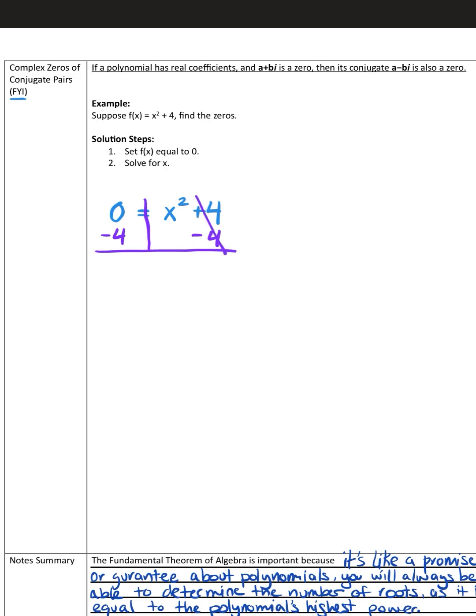This cancels out, and I have negative 4 is equal to x squared. Then I need to undo this x squared. The way that I undo the x squared is by finding the square root on both sides. That leaves me with, and I'm going to reorganize it, x is equal to the square root of negative 4. Well, the square root of a negative number is what we call a complex number.